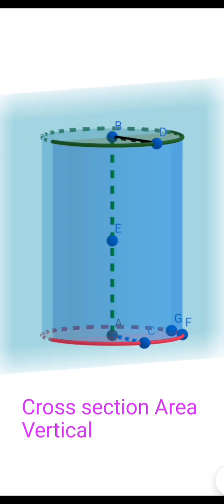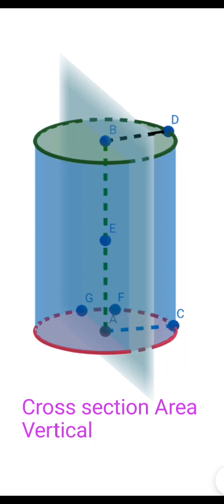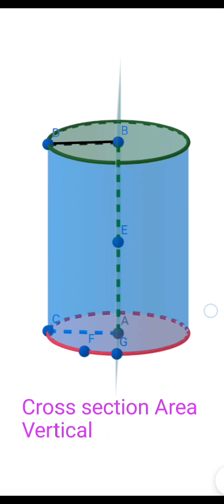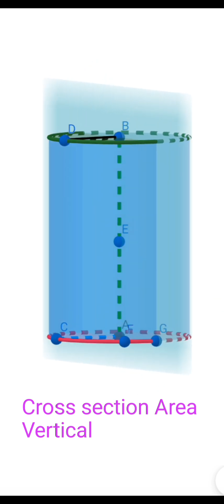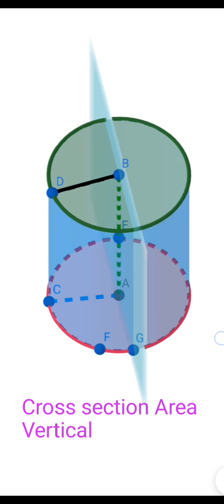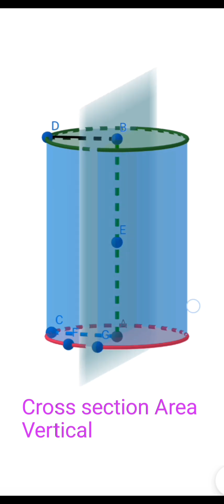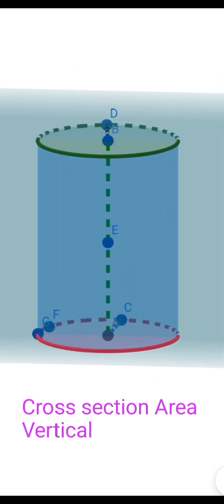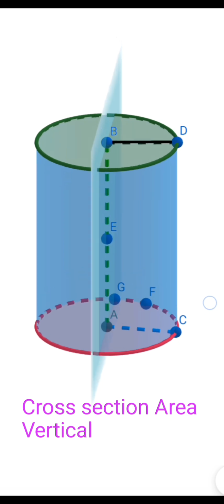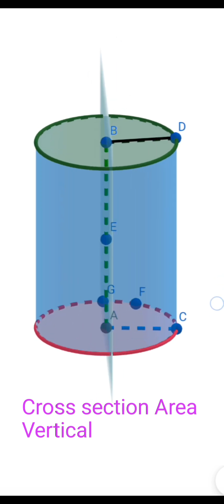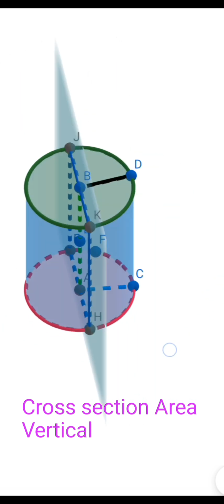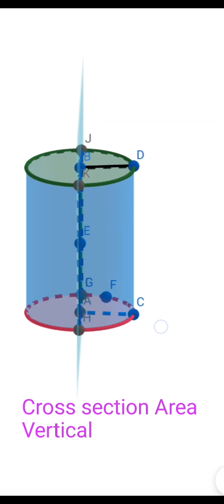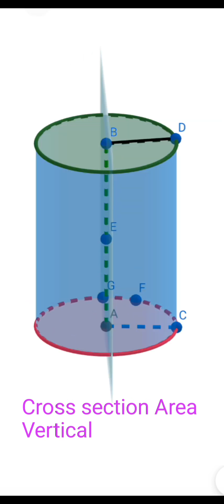In the cross-section areas of a cylinder, horizontal and vertical, there is a little difference. In horizontal cross section, every time we get a circle with the same radius, which is similar to the radius of the circle. But in vertical cross section, if the cross section is through the center, then the dimensions of the rectangle would be different from when the cut is apart from the center.